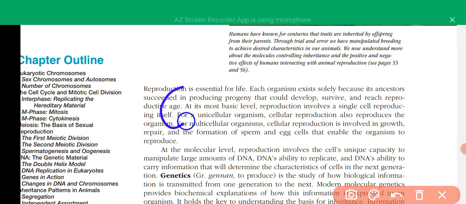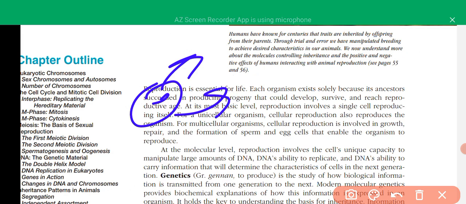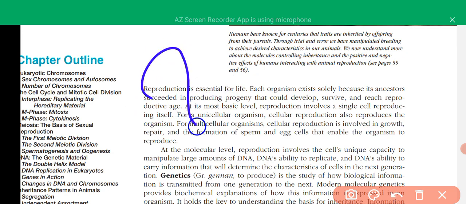There may be reproduction at a cellular level, and there may be at an individual level. At cellular level means our cells reproduce themselves by divisions, and if the organism is unicellular, then this division of the cell means division of the organism into two, and it is also the method of reproduction of unicellular organisms.